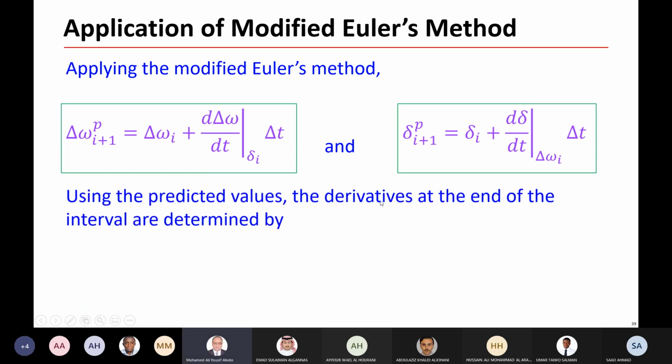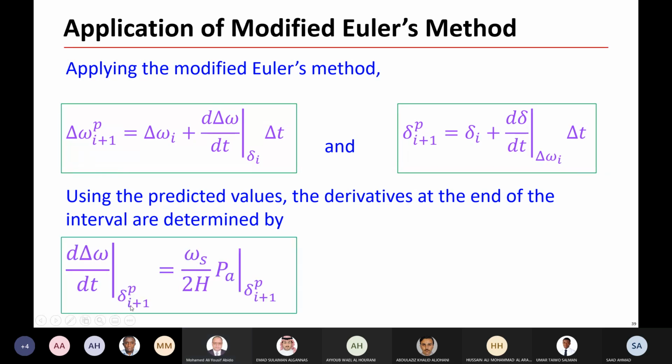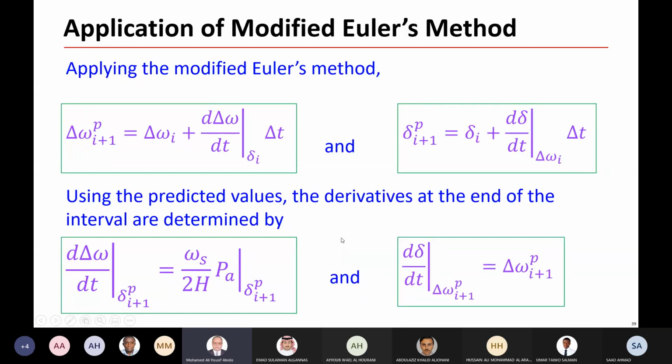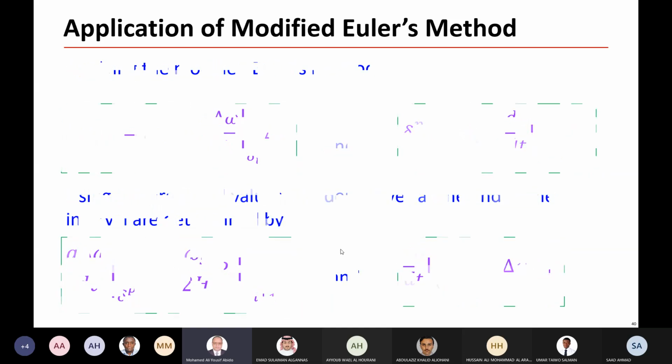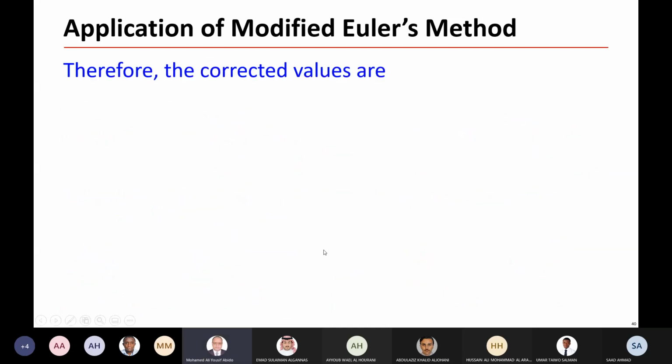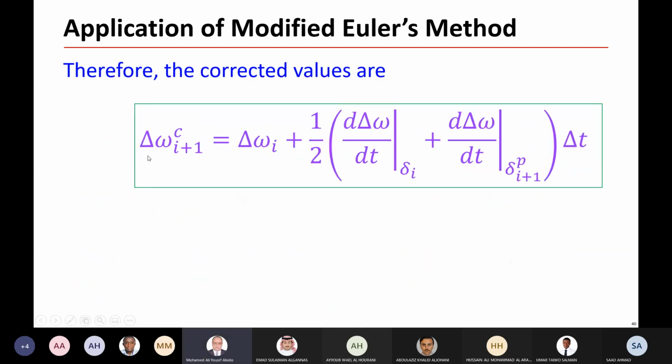Using the predicted values you can get the derivative, the slope at the end of the interval, and then you can get the corrected value.